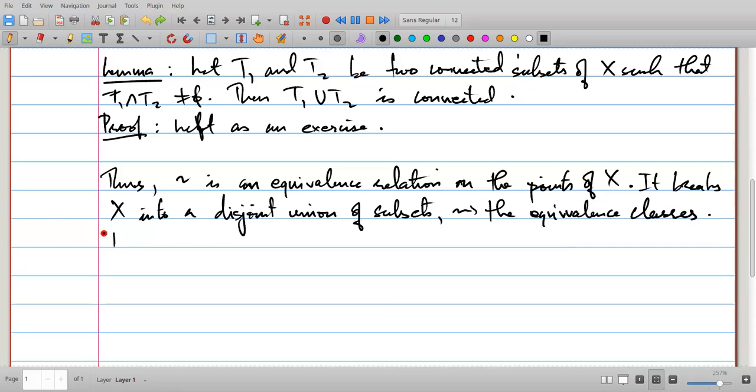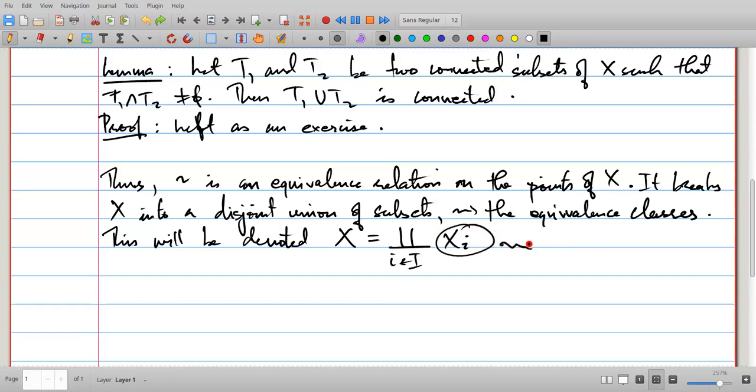So X breaks as a disjoint union over i in I of these Xi, and each Xi is the equivalence class of some x.